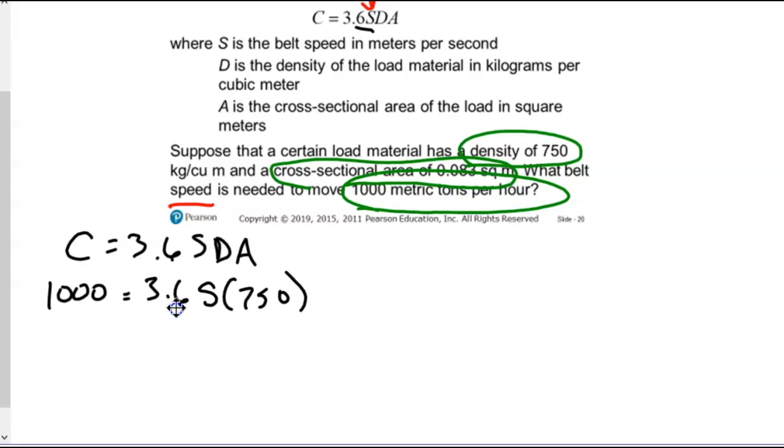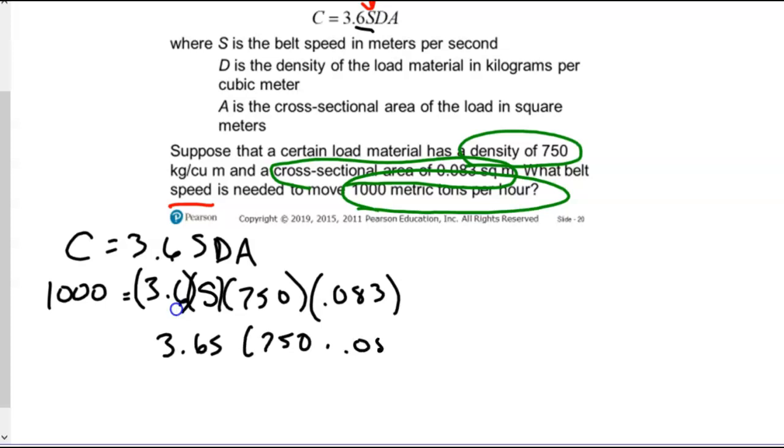And we have a cross-sectional area, A, of 0.083. We can put all these into parentheses if it helps you, or you can have it where it's just 3.6 and then 750 times 0.083. Let's bring this down a little bit farther.